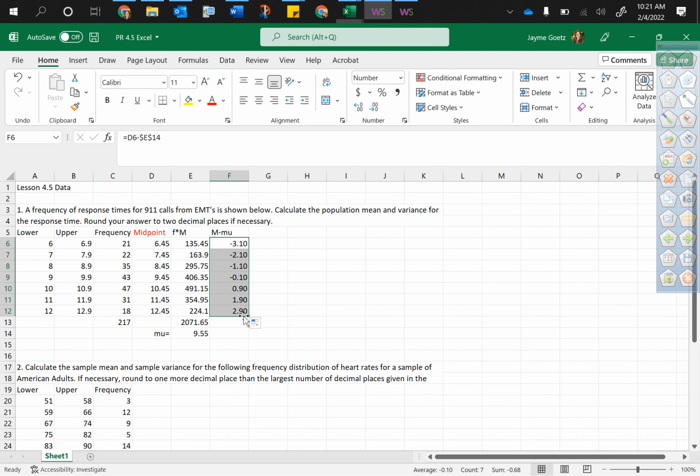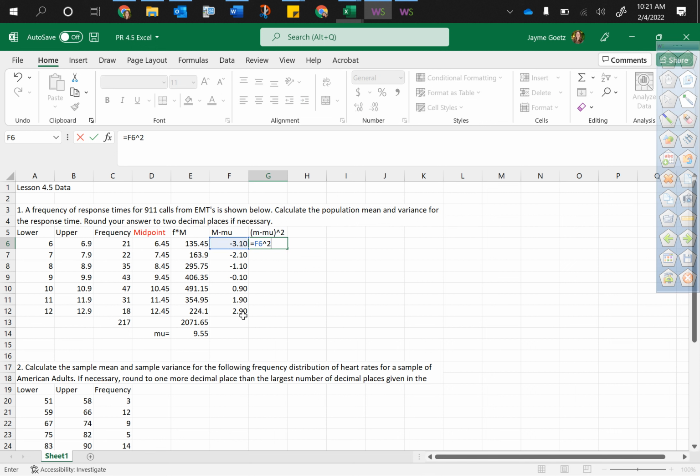Now, just like we learned a couple of class periods ago, next we have to square it so they all turn into positive numbers, right? So I'm going to take my midpoint minus my mean, which we just had, and I'm going to square it. Again, that's ensuring that it's positive. So equals this cell right here, squared.